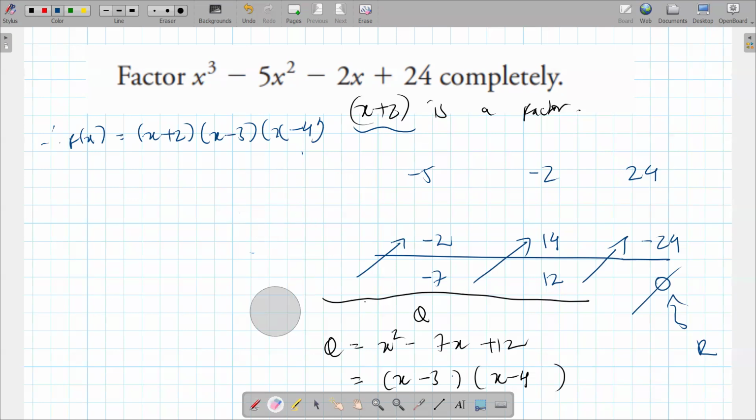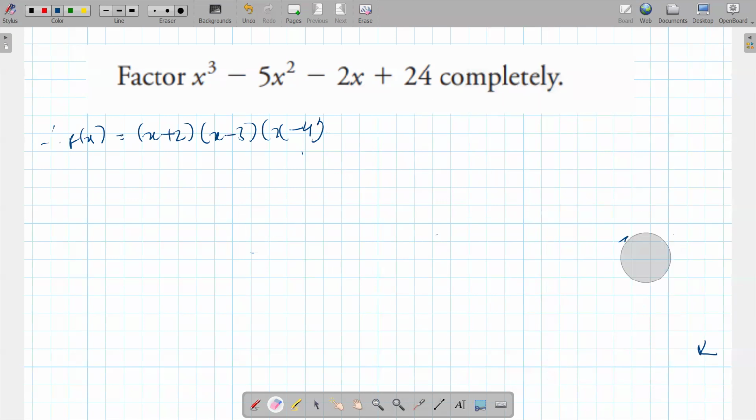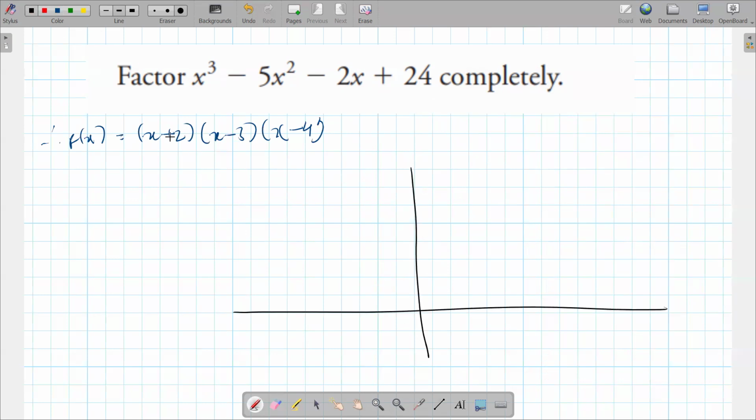And that's the final answer. Cool? So what you can do from this is you can just graph it because you know everything. Remember to flip the signs. A value is the x-intercept. So your x-intercepts are -2, +3, and +4.